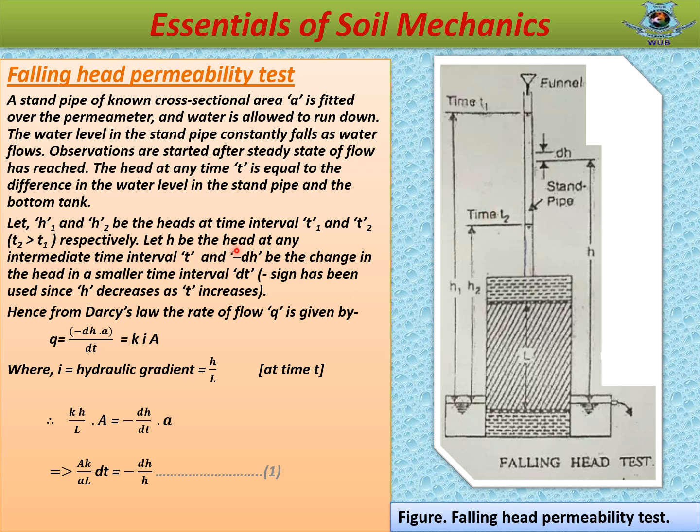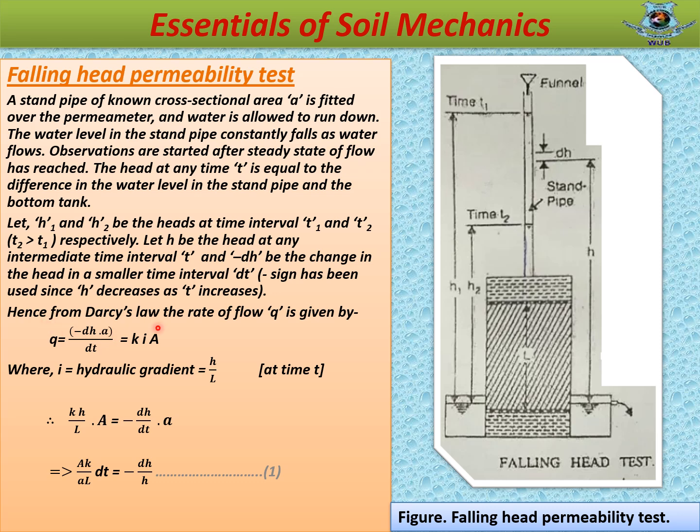Let H be the head at any intermediate time t, and minus dH be the change in the head in a smaller time interval dt. The minus sign has been used since H decreases as t increases.